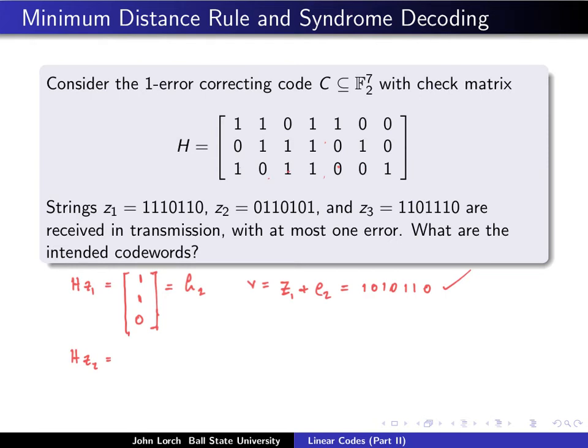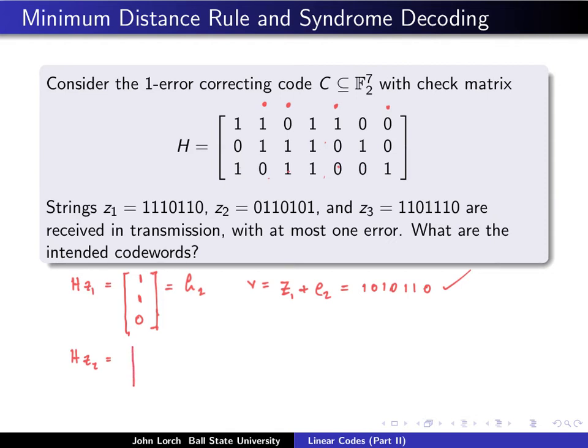So we're taking H times Z2, which means because Z2 is 0, 1, 1, 0, 1, 1, 0, 1, 0, 1, we will be adding together the second, third, fifth, and seventh columns of H.